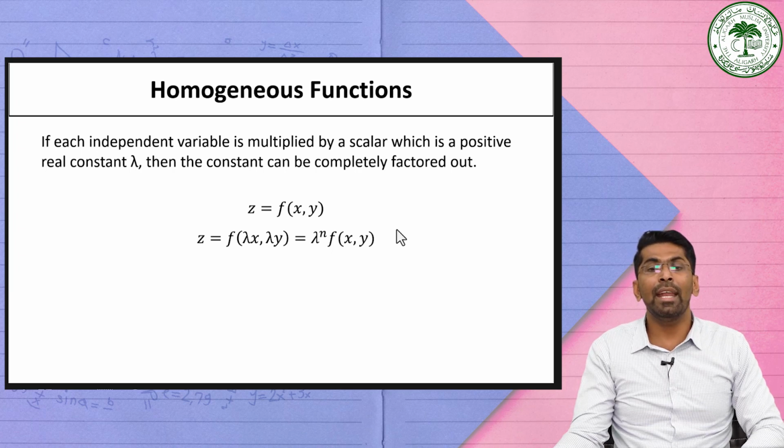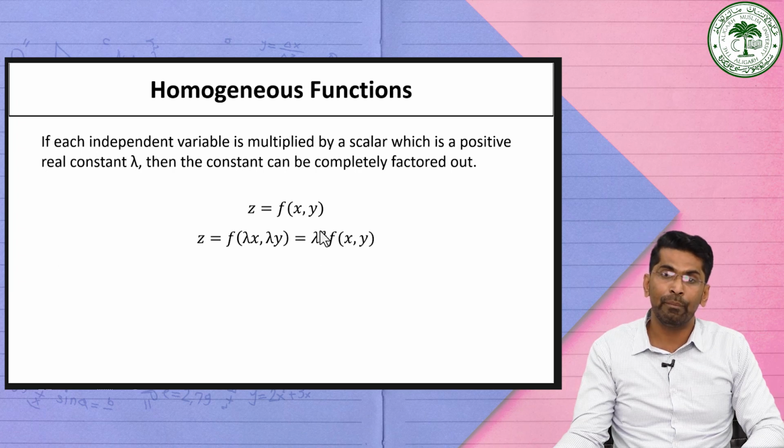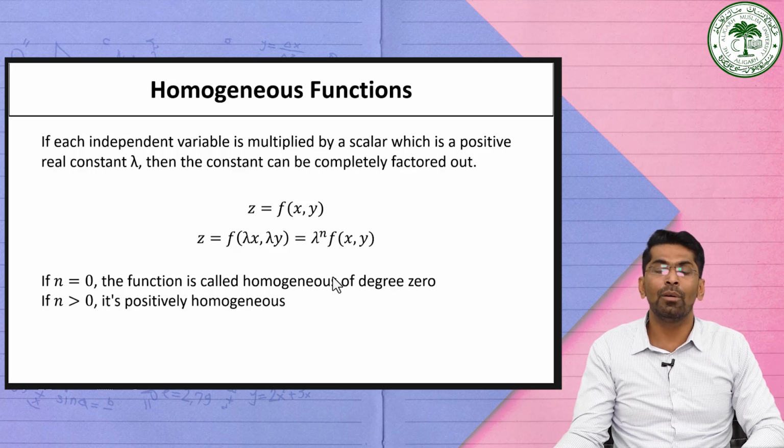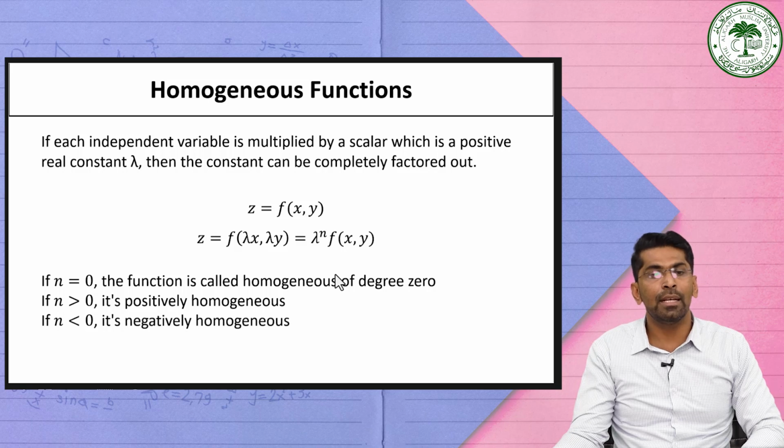So this power n determines the degree of homogeneity. If n is equal to 0, then the function is called homogeneous of degree 0. If n is greater than 0, then it is positively homogeneous. If n is less than 0, then it is negatively homogeneous.